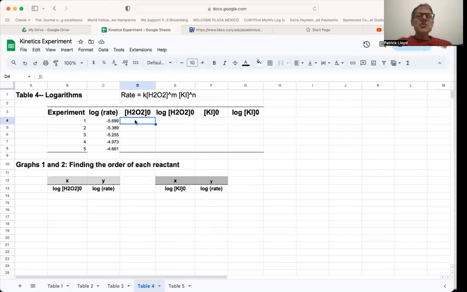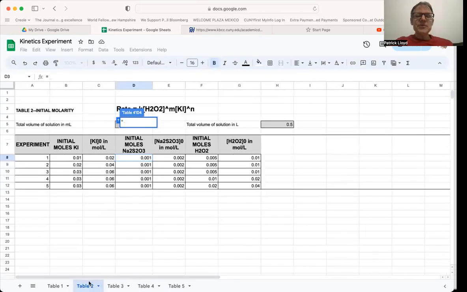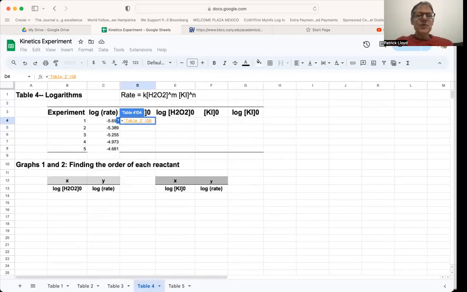Now, the initial concentration, again, we're doing the method of initial rates. The initial concentration of H2O2 should be over here somewhere. Actually, it's in the previous table, all the way over here in table 2. Our initial concentration is right here. So we're going to do that, and then come back over here.